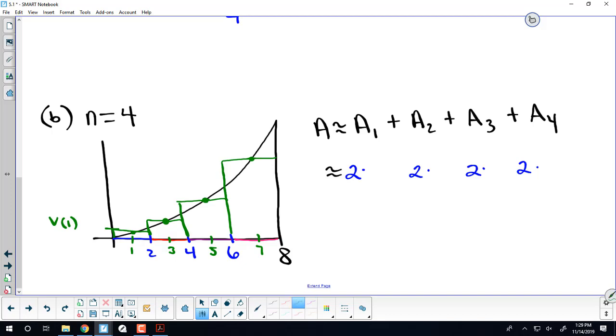So the height of the first rectangle was V evaluated at 1, the second V evaluated at 3, the third V evaluated at 5, and the fourth V evaluated at 7. Oh man, we have to add all that up. Everyone okay with this?